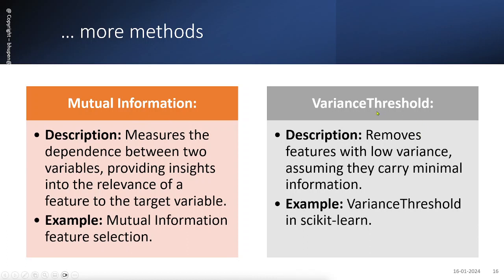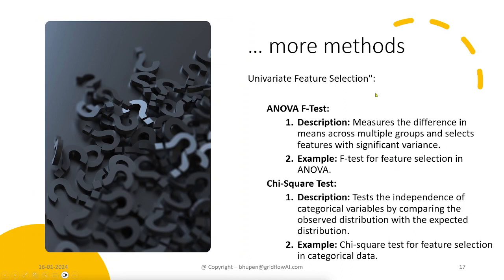Variance threshold is another technique where we look at the variance present in the column, and we will see why low variance is not useful in machine learning. Some more methods that we will go through are ANOVA, chi-square, and t-test. These are hypothesis testing methods, and they're also used quite significantly in the feature engineering space.